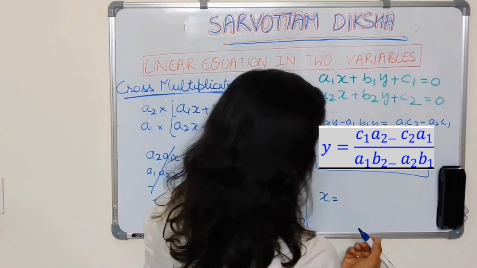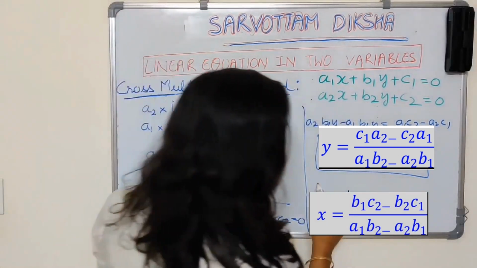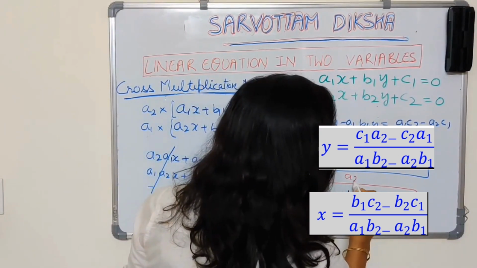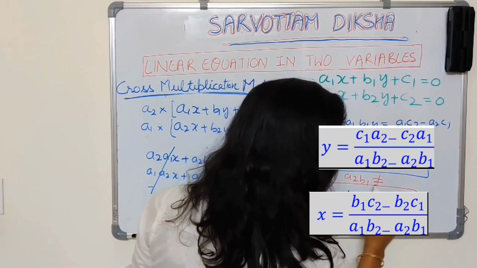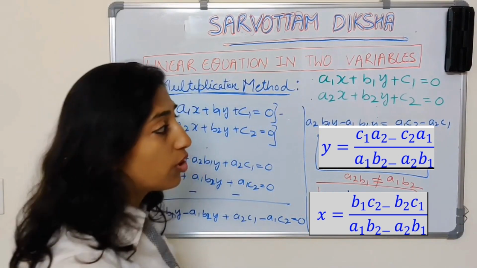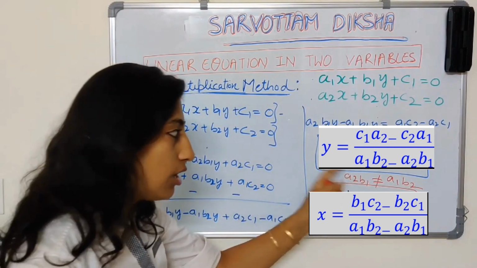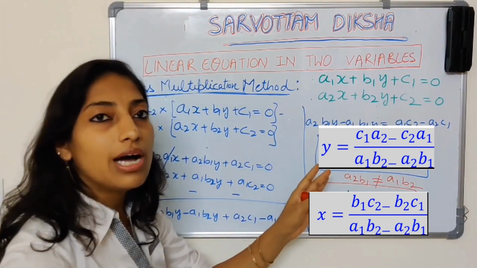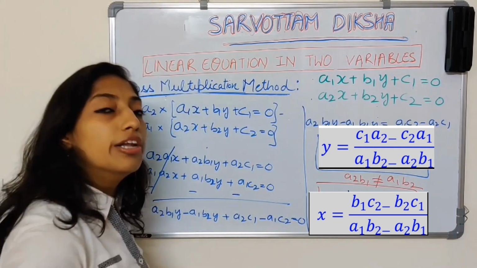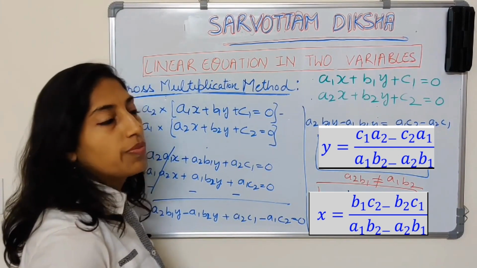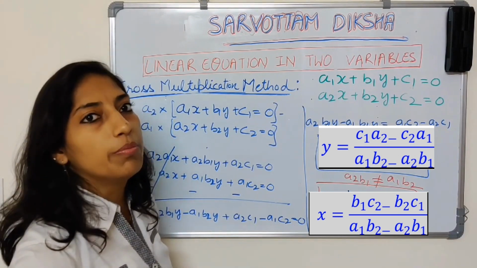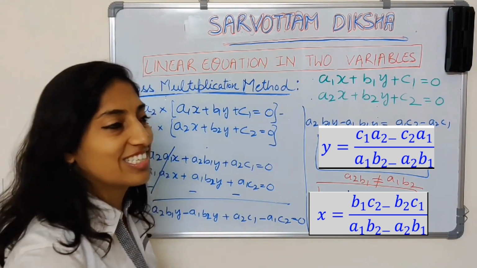For both x and y, my condition applies that a2b1 should not be equal to a1b2. Why? Because if these two are equal, my denominator will become 0, and in a fraction I can never have a denominator as 0. It's like saying divide one apple amongst 0 people, which is nothing but nonsense.